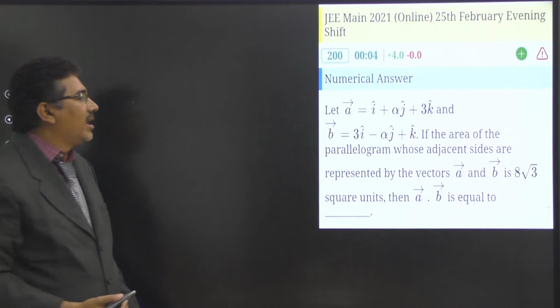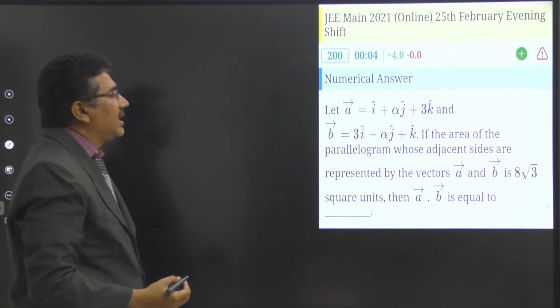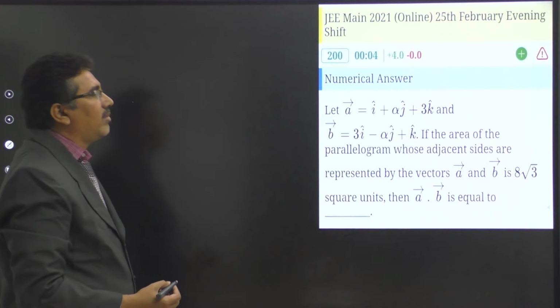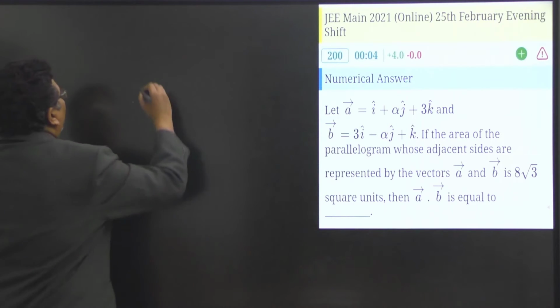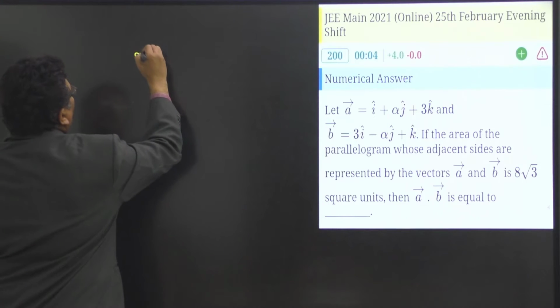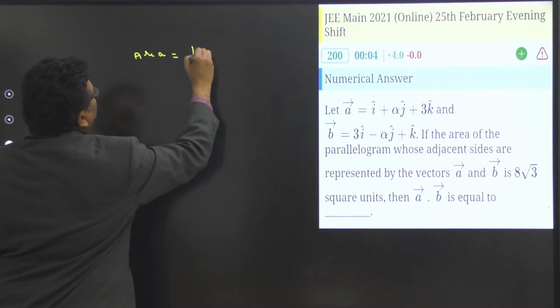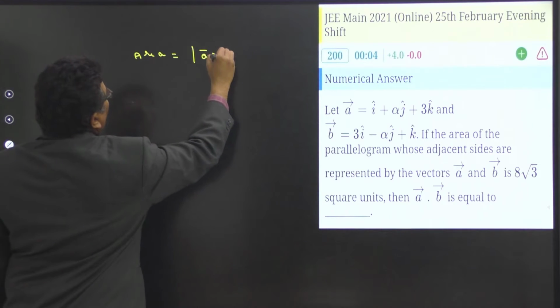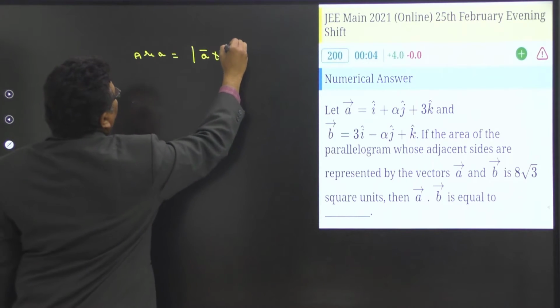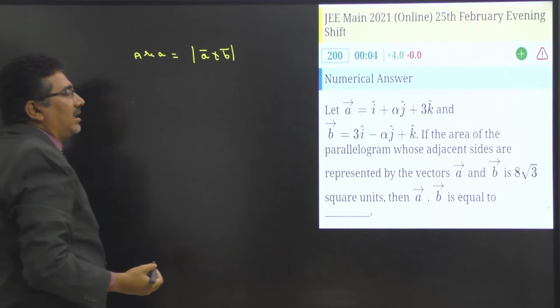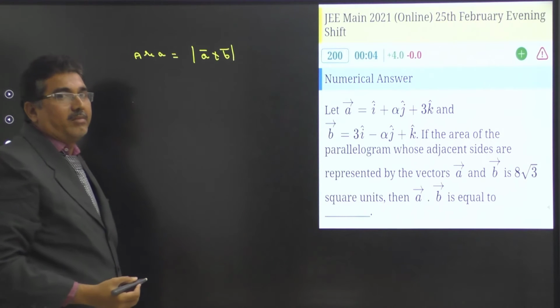If a bar, b bar are adjacent sides of a parallelogram, then the area of the parallelogram is equal to modulus of a bar cross b bar.